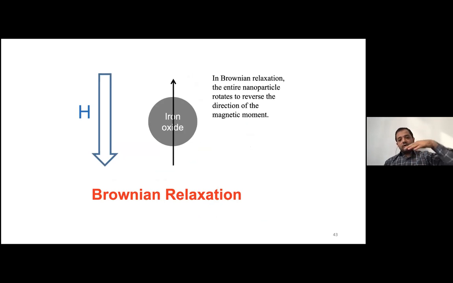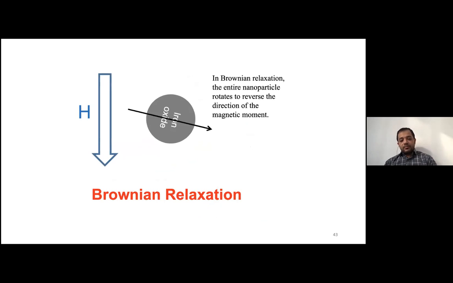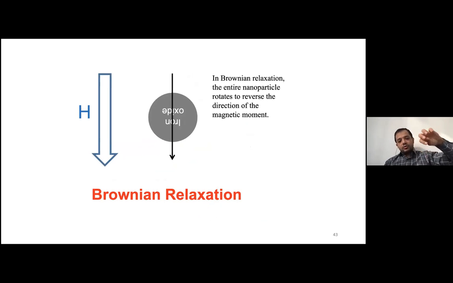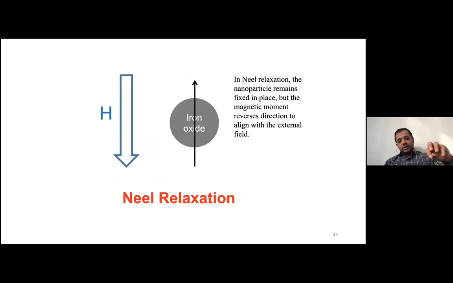Now, there are two big mechanisms at play here. There's a Brownian mechanism that basically says that the magnetic particle itself turns to align itself with the field direction. And there's the Neel relaxation that is just the magnetic moment switching to a different direction.